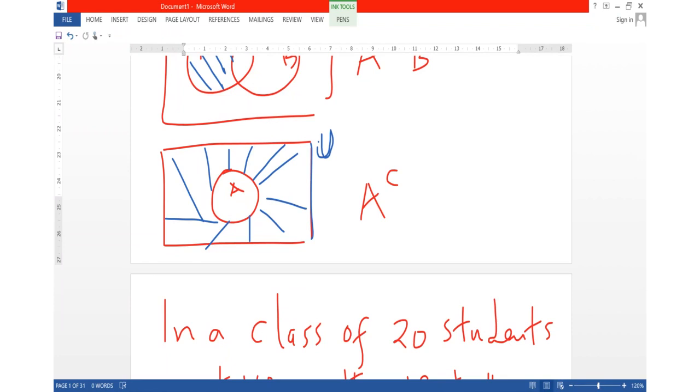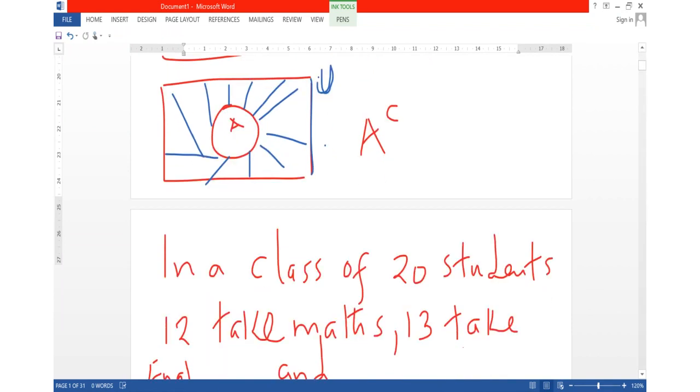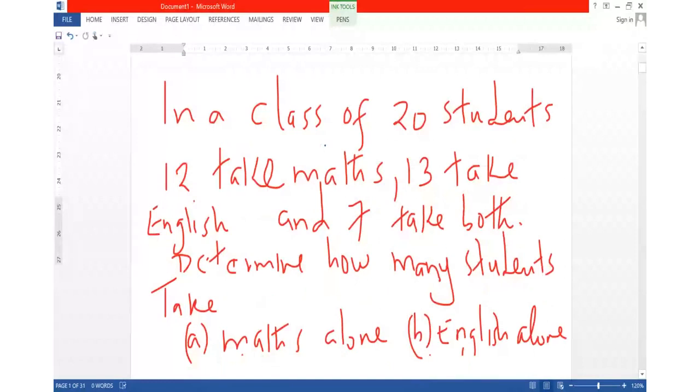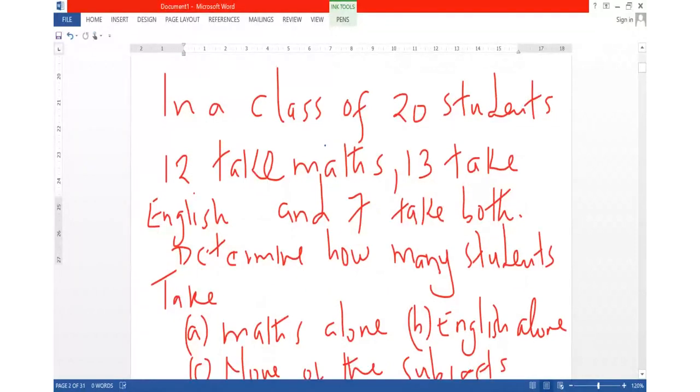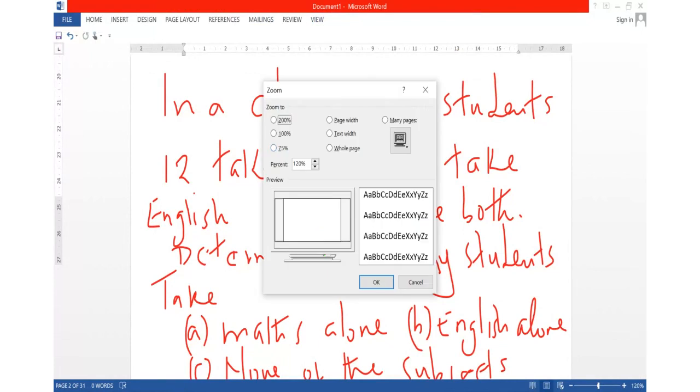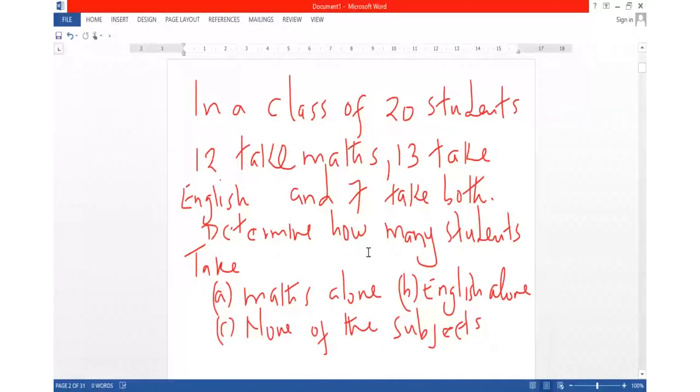So we have been able to represent set operations using pictures. Now, we can still use Venn diagrams to do application questions. I have this question that I want us to do.